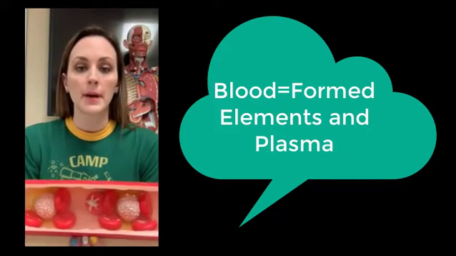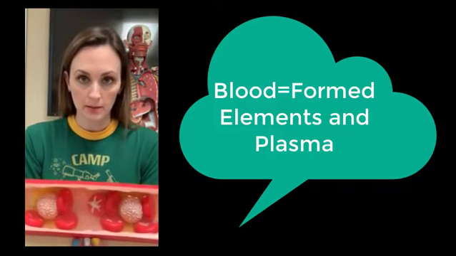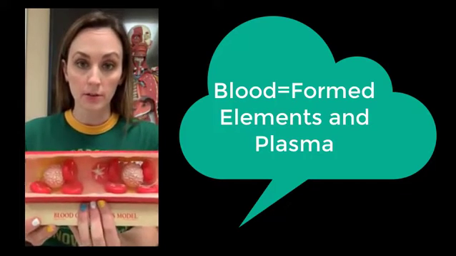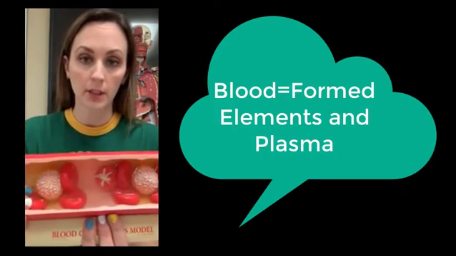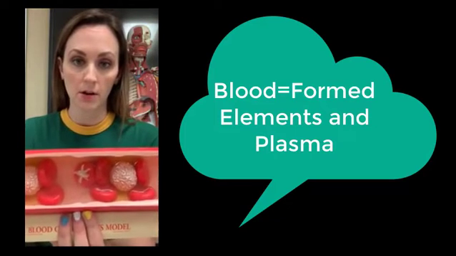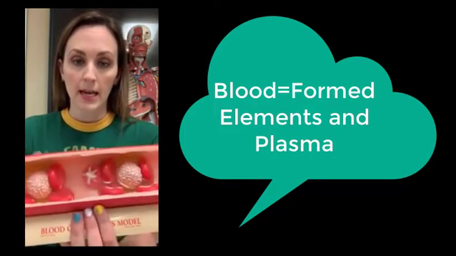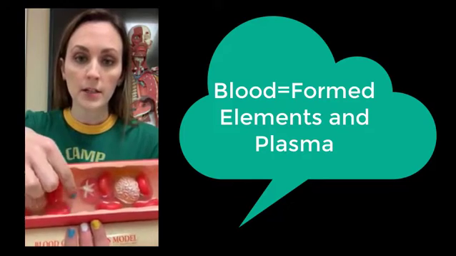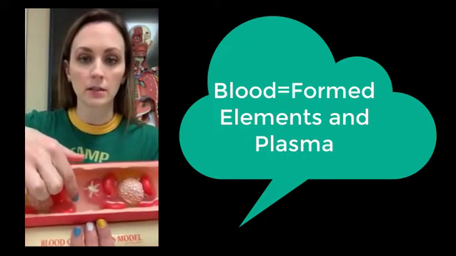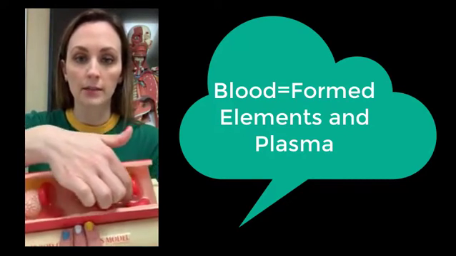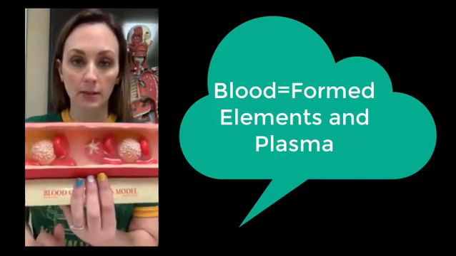So it is going to be made up of formed elements, which represent our cells. So our red blood cells, white blood cells, and platelets. And you can see all those guys in there. And then this clearish, little bit of a yellow tint fluid all around these cells, that is our plasma.